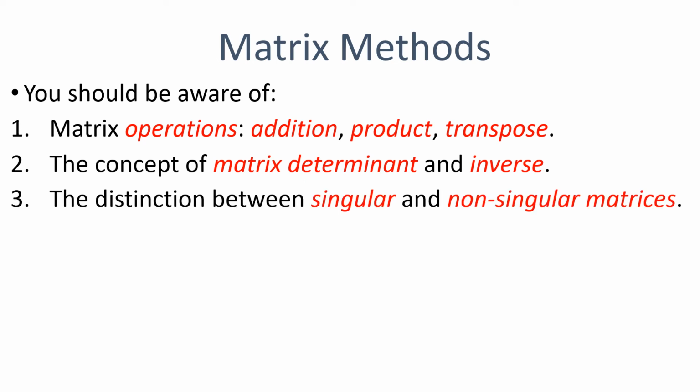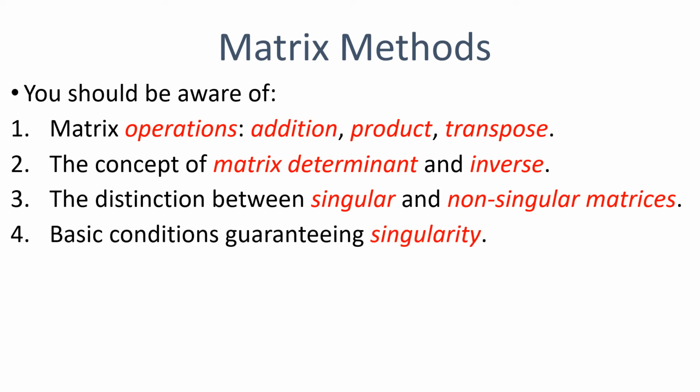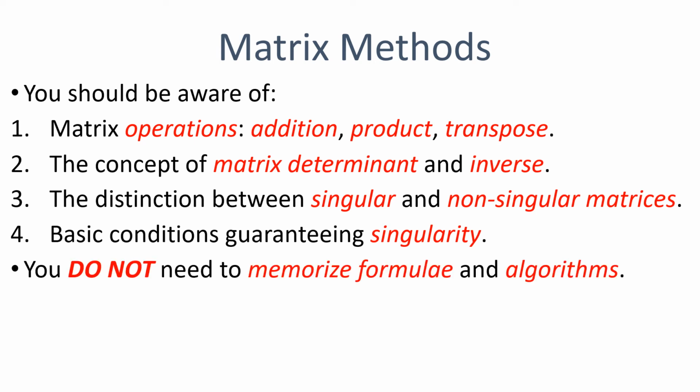You need to be aware of the distinction between singular matrices and non-singular matrices, those which have inverses and those which don't have inverses defined. You should be aware of the basic conditions that guarantee a matrix is singular. You don't need to memorize formulae and algorithms for computing inverses or determinants. Once again, if you need those, you should look those up.